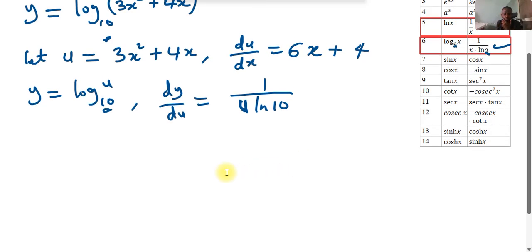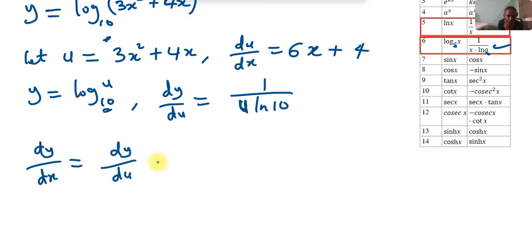Now we are going to write the chain rule: dy/dx equals dy/du multiplied by du/dx. So in that case, what's dy/du?